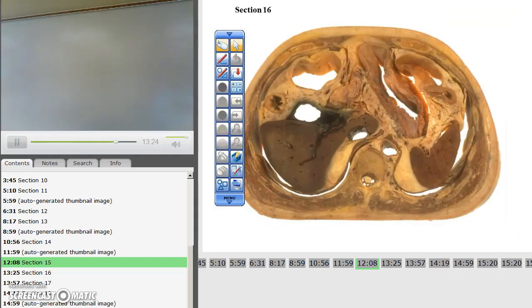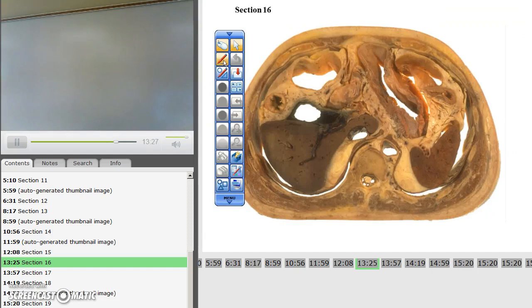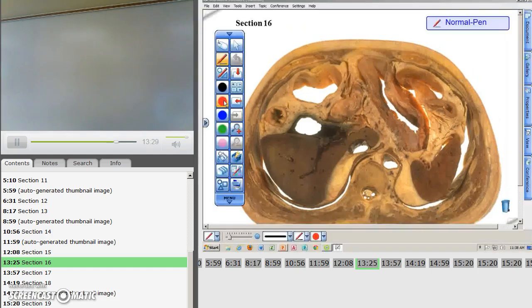Section 16. All right. What do we have right here? Descending aorta, correct? Over here in blue, and then on the right side, taking blood up to the heart, we got the inferior vena cava.